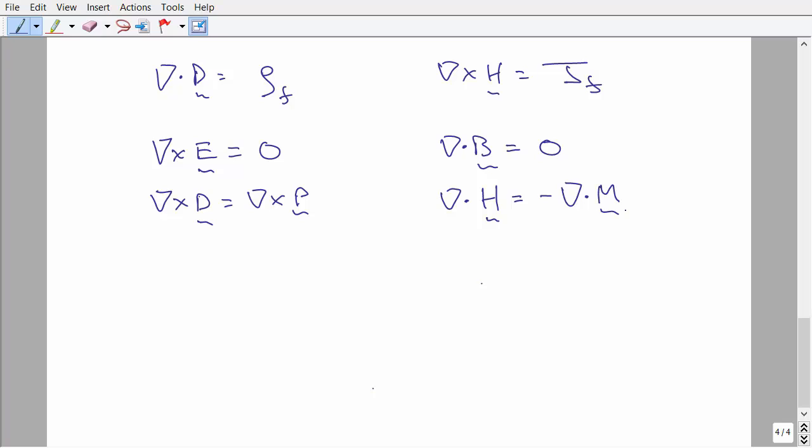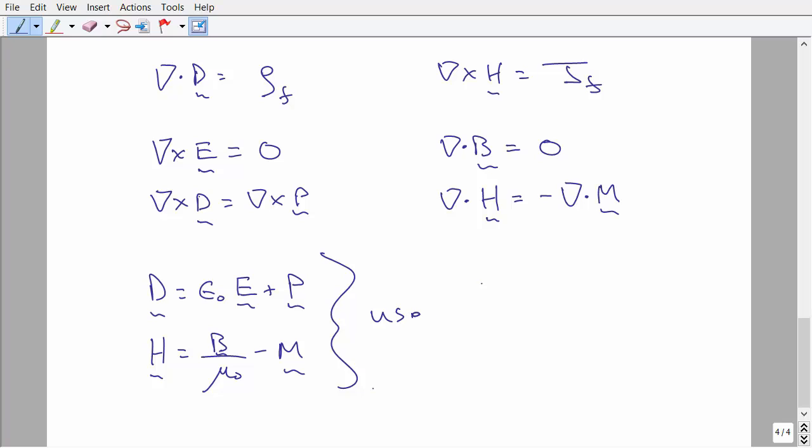Okay, so how to interpret D and H then, given these results? Well, the way to interpret D and H is through their definition. So D is defined according to this equation. H is defined according to this equation. These equations are useful when we come to calculate, and that's about the end of it.